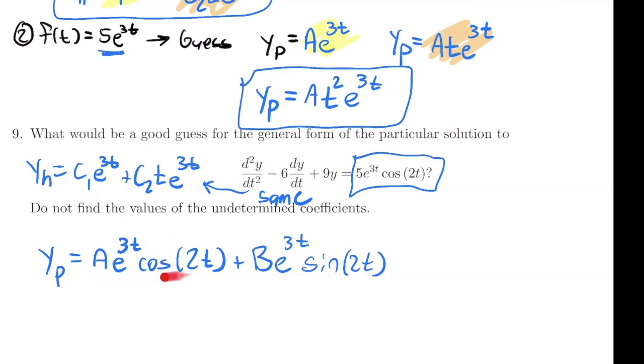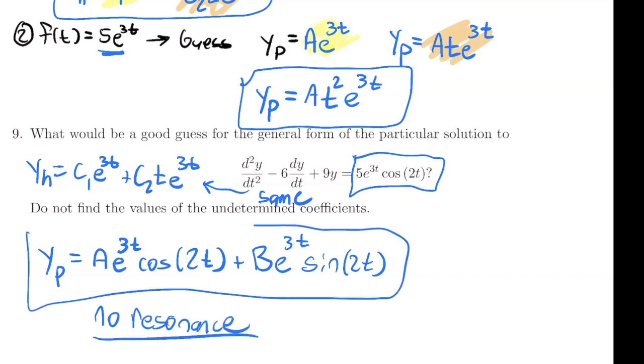If they're different by something that depends on t, then there's not going to be any resonance here. So we're done. We don't need to adjust this at all. That would be a good initial guess here.